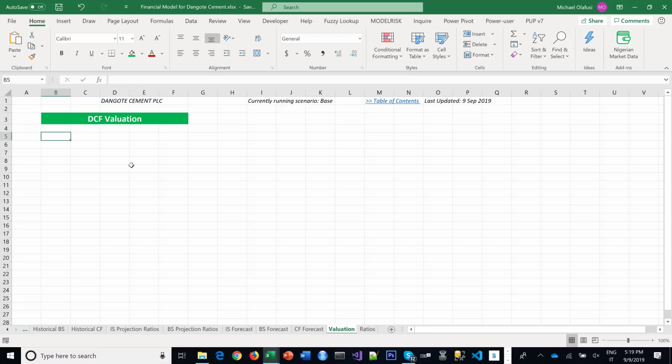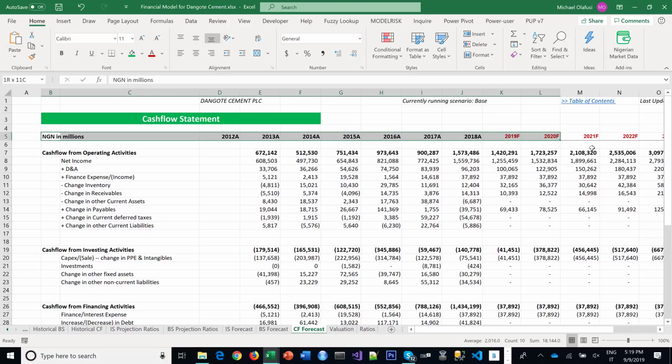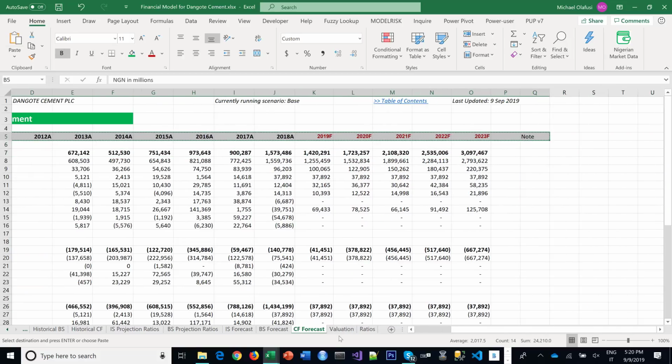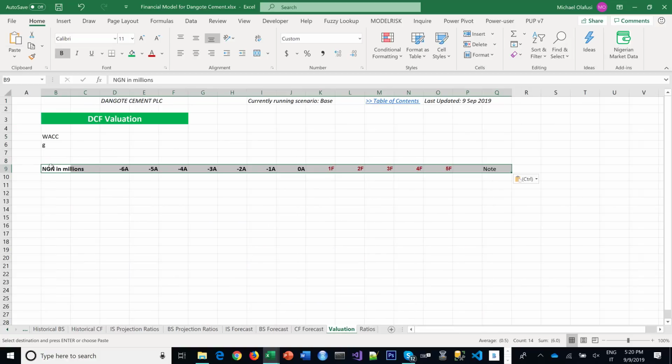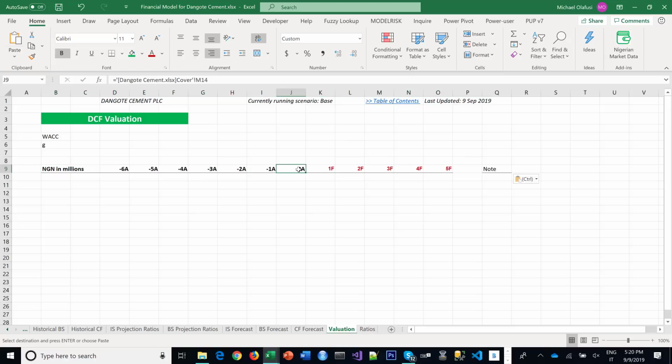For this DCF valuation, I need the weighted average cost of capital, the perpetuity growth, the long-term growth rate, and I want to get what the cash flow has been for the different years. So I'm going to just pick these.